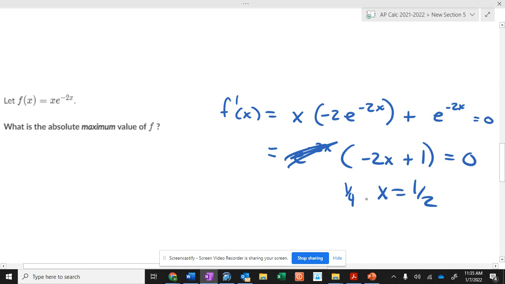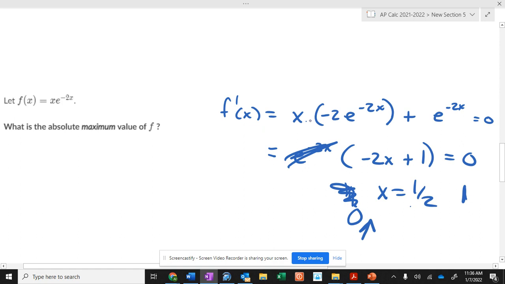If you put in a 0, you get 0 times this, and e to the 0 is 1, so you get 1. So it's going up before you get to that.